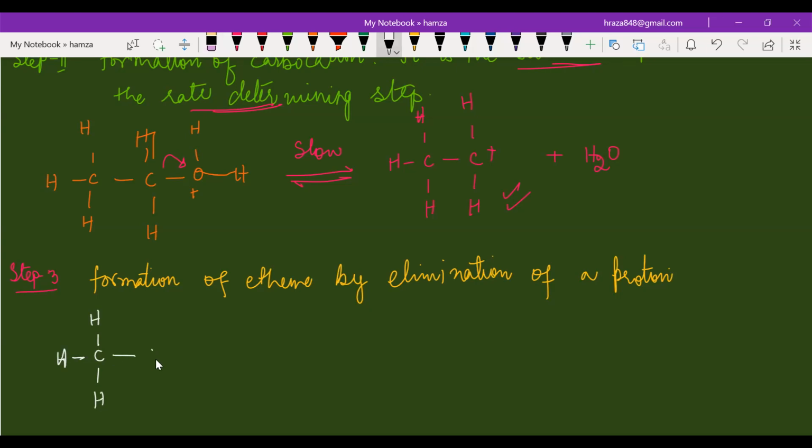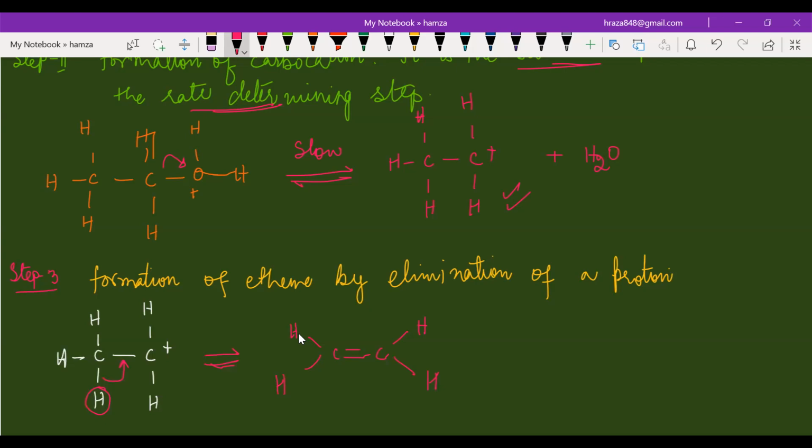It's very easy. So what will happen? This hydrogen will give one electron to carbon and make a bond with the next carbon, and a double bond will be formed. Questions have many times been asked: write the mechanism of the formation of ethene from ethanol.